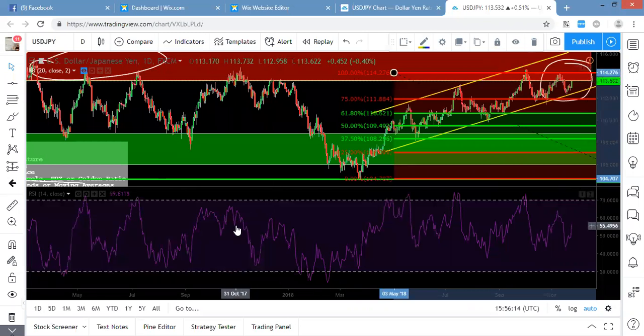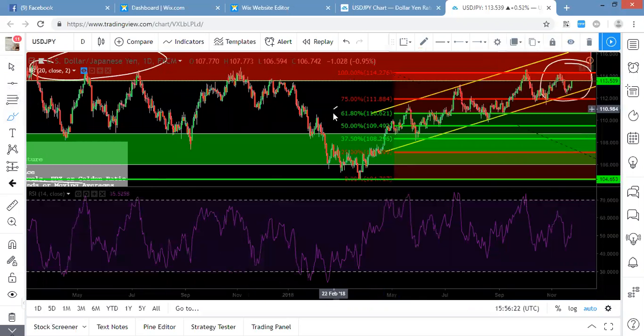Now, the 61.8 and the 50%, which we're looking at right here. Now, you guys, this is going to be a brief overview of how fibs work. If you want some more information, in the resources tab I will have a channel that you can follow.